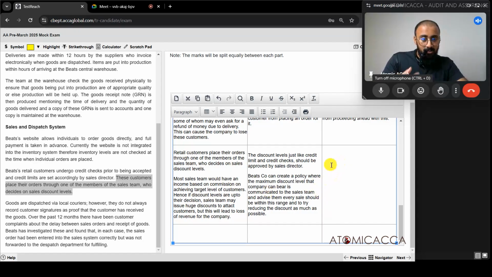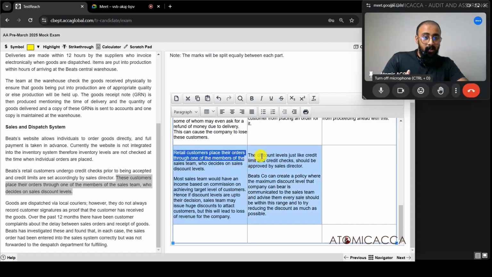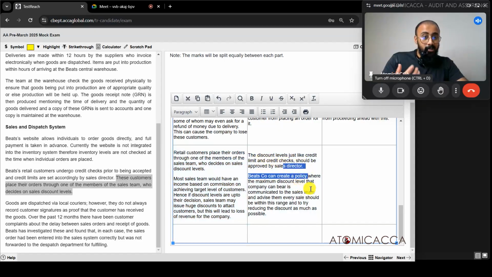Now I have to test this. How? First thing I have to test is whether these discount levels are being approved by the sales director or not.